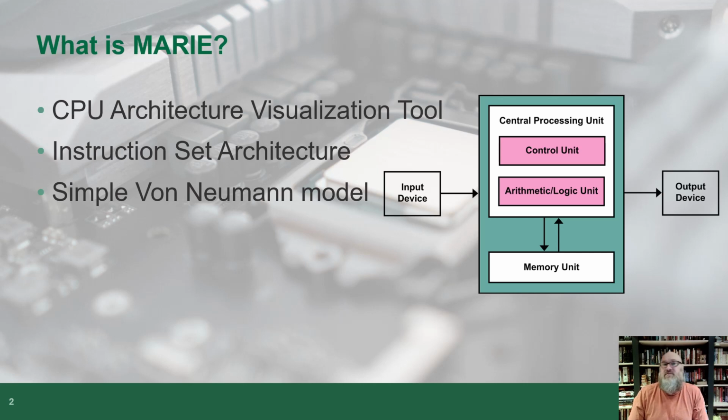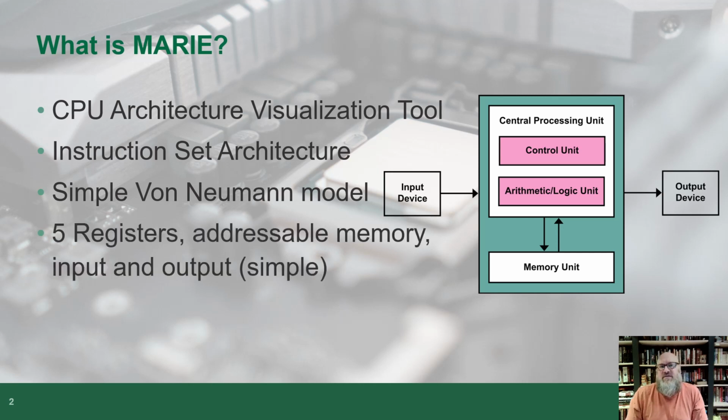MARIE emulates the von Neumann architecture model, which includes a memory which is used to store both instructions and data, a CPU with a control unit to fetch and decode instructions, as well as an arithmetic logic unit that can execute instructions, including fetching data from an input source and writing that data to an output source.